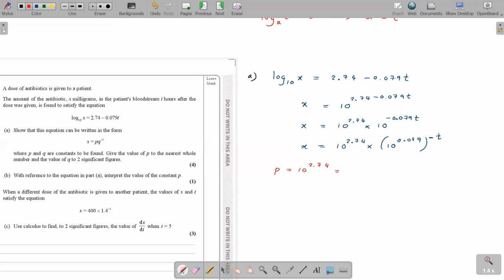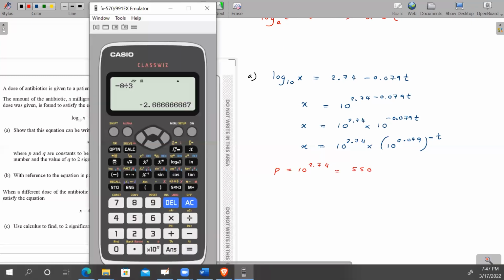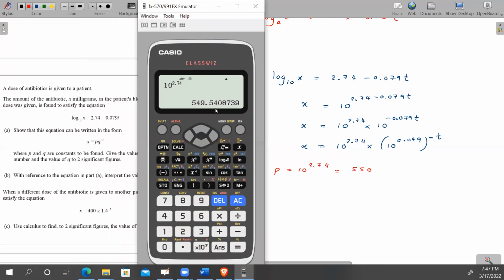Type it in the calculator. You just need to type 10 to the power 2.74, and you get 549.54. So rounded to the nearest whole number, it will be 550.